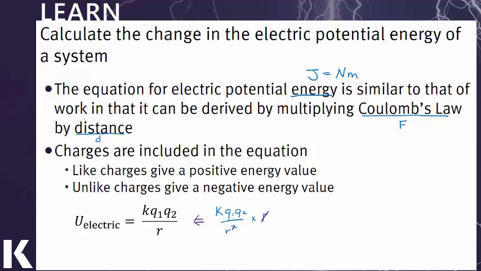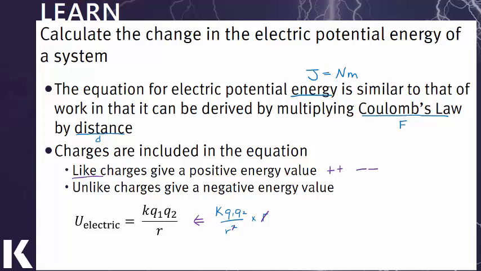Now, as we saw in earlier videos, the signs of the charges become important. If I have like charges, such as a positive and a positive, if I multiply two positive numbers, I get a positive value. If I had two negative charges, if I multiply a negative number by another negative number, I also get a positive value.